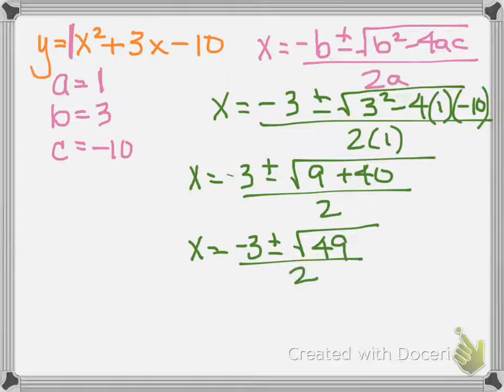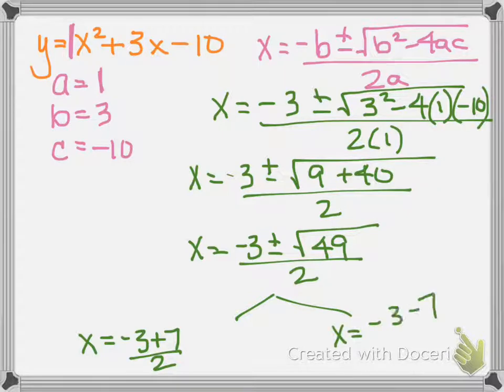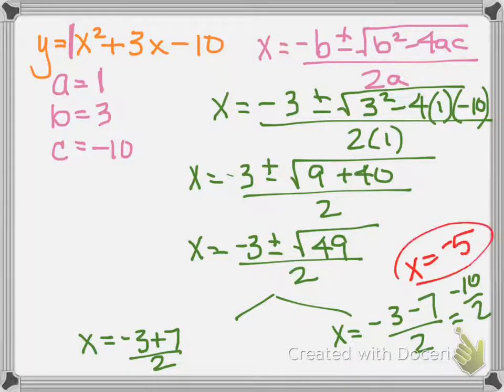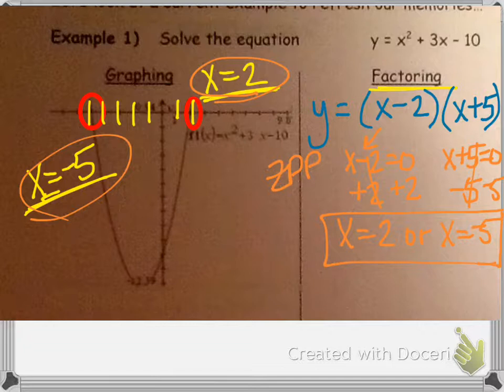The square root of 49 is 7, so I'll split this: x is -3 plus 7 divided by 2, or x is -3 minus 7 divided by 2. This is -10 divided by 2, so x would be -5. And over here, I would have 4 divided by 2, which means x is 2. And again, going back, same solutions: x equals 2, x equals -5.